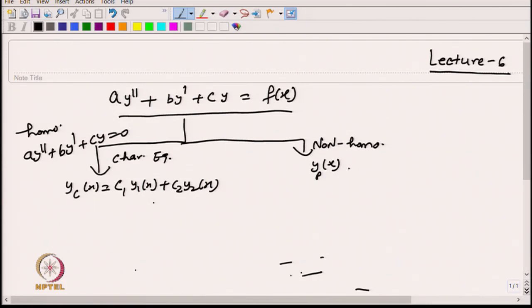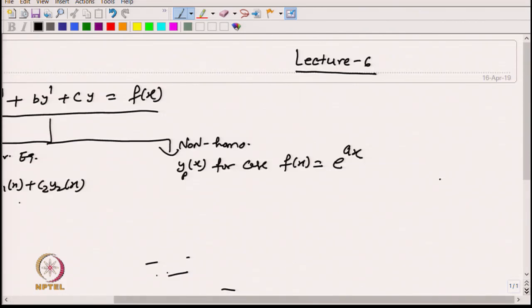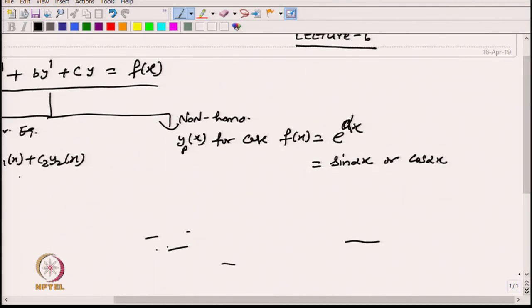We found yp(x) for the cases when f(x) was an exponential function e^(ax), and in the previous lecture we also started with a trigonometric function, sin alpha x or cos alpha x. Here I take alpha, because a is the coefficient of y double dash. So we have already solved how to handle this type of differential equation.